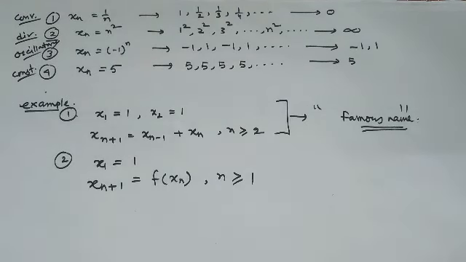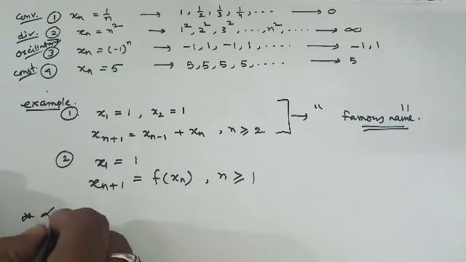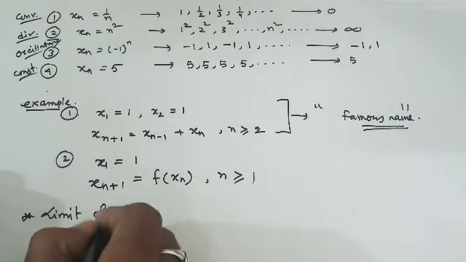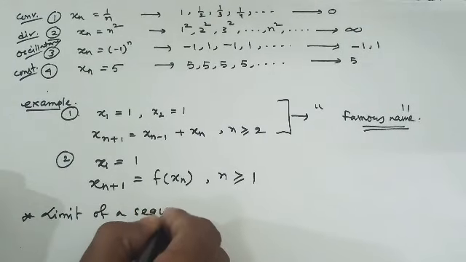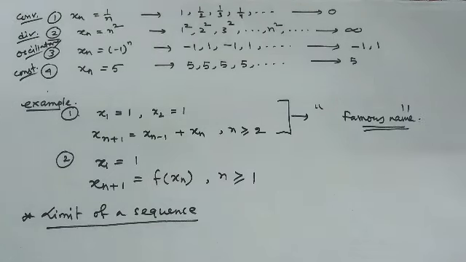Till now, till this example number 2, we have only had the introductory part. Now we are moving on to the limit of a sequence. What do you mean by the limit of a sequence?